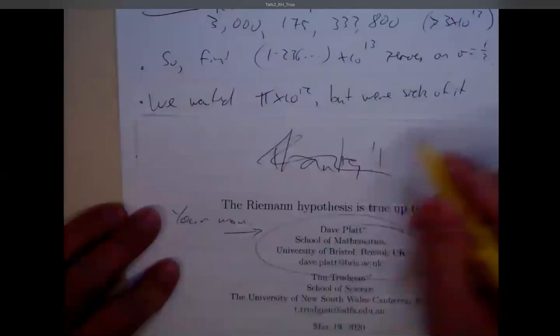So look at all the zeros in a box up to height t. Now look at all the zeros on the critical line up to height t. Divide the first quantity by the second quantity, so the percentage of zeros up to height t that lie on the critical line, and that number is bounded below by 0.4 as t tends to infinity. And maybe I'm a bit off, maybe it's like 40.1 or 41.1 or something. It's a number around 40.